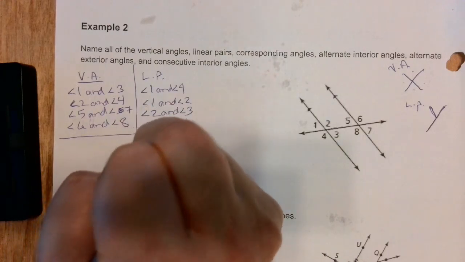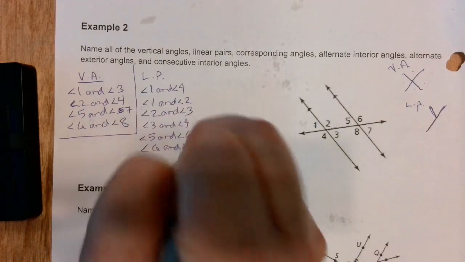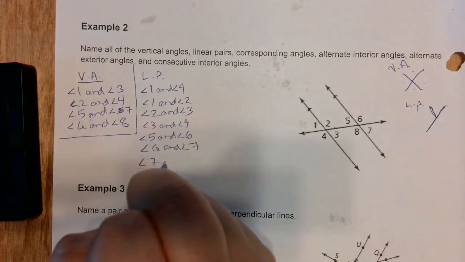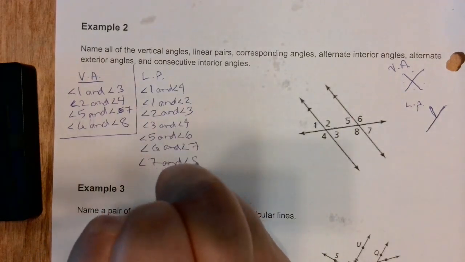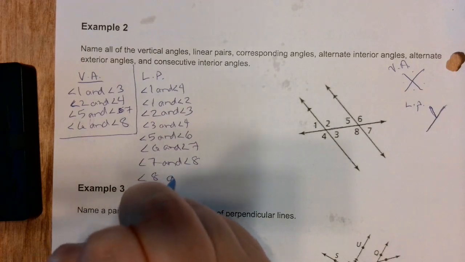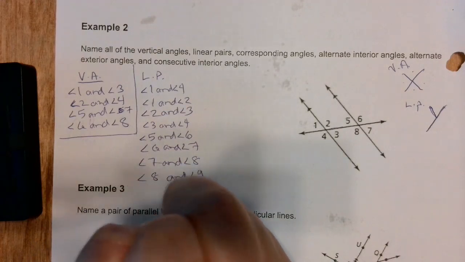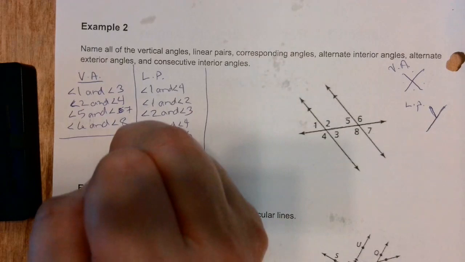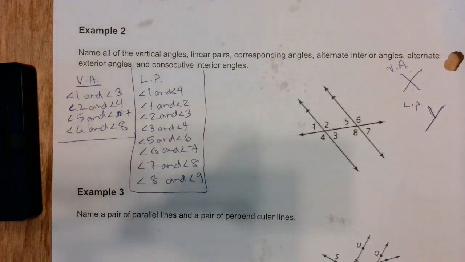Angle 6 and angle 7. Angle 7 and angle 8. Angle 8 and angle 5. Lots of linear pairs in this picture.